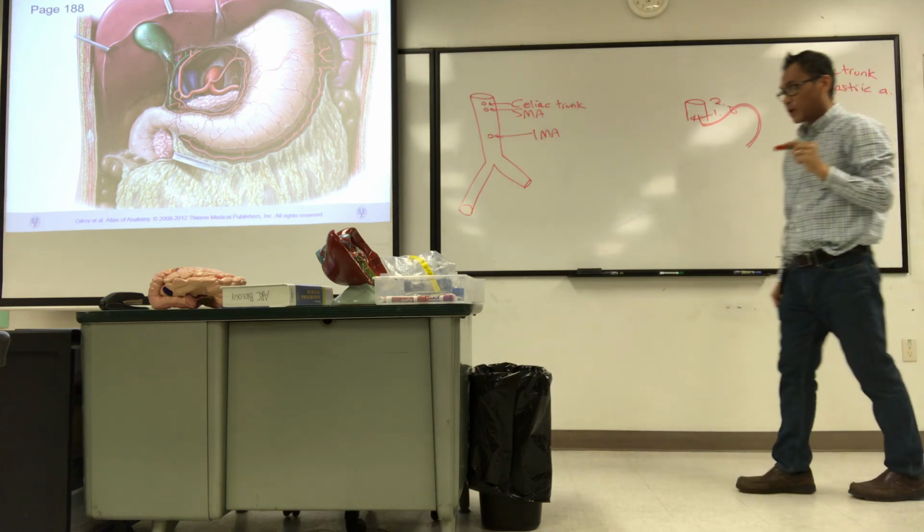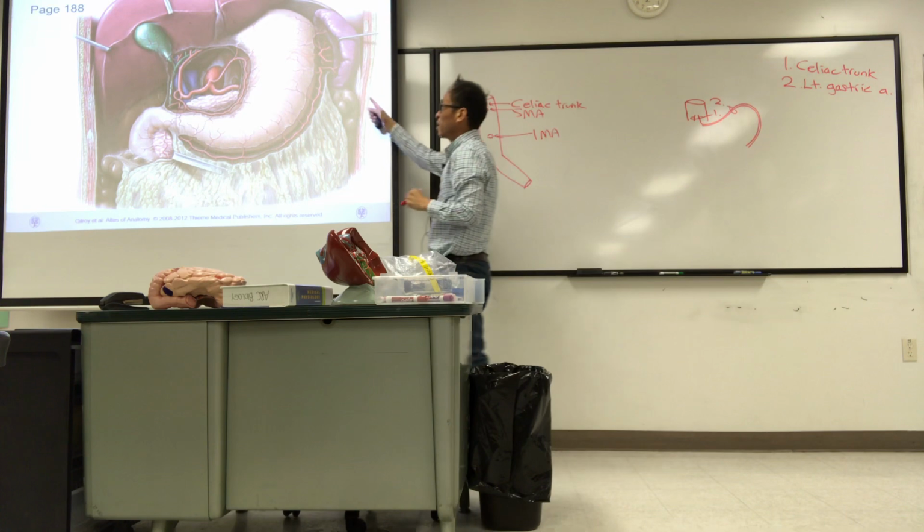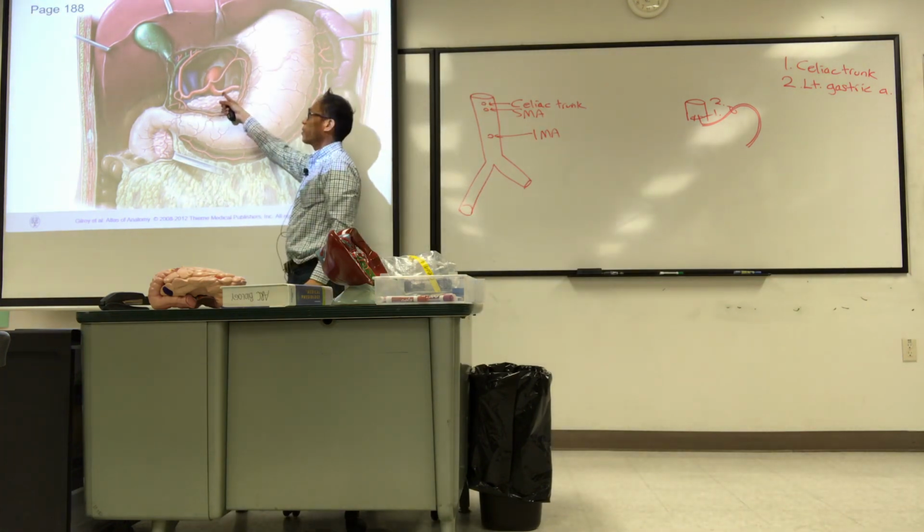There's another branch going off to the left. It goes all the way to the spleen. This one here, the splenic artery.